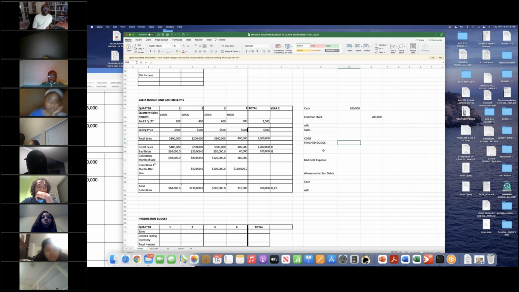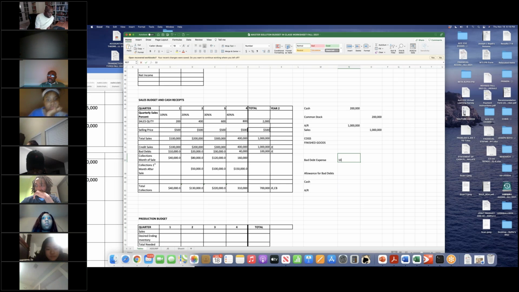Then our next number, we'll go in here and look at the sales. There were a million, they were all on credit. And we do that because that simplifies it. If not, there are gonna be issues with the bad debt. So we make this entry. I'll come back to this one. We're gonna do the bad debt expense, which is 100,000.